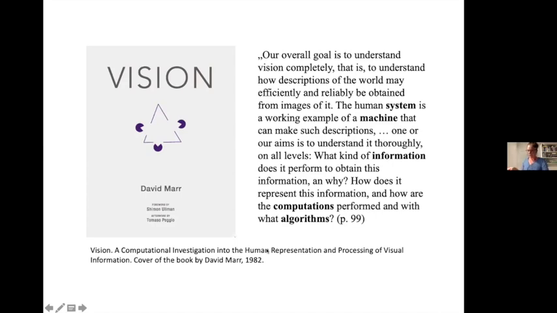Of course, I could have also chosen other researchers here, but I will take him as a test case for this approach. This book, Vision, summarized Marr's studies in the 1970s, and it was only published in 1982 because he died aged 35 in 1980 already.